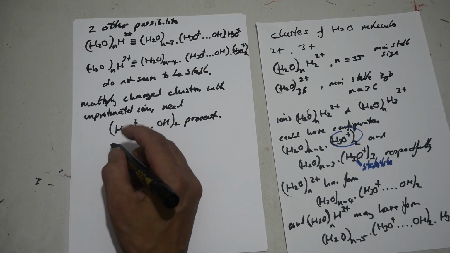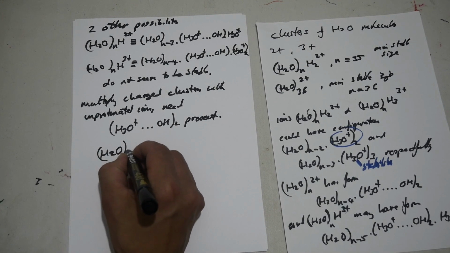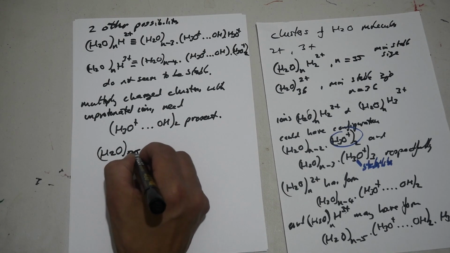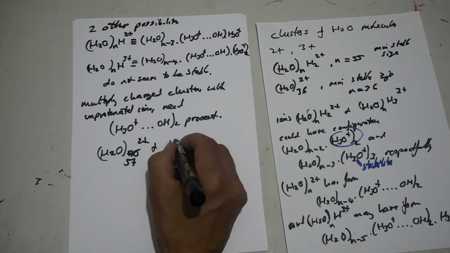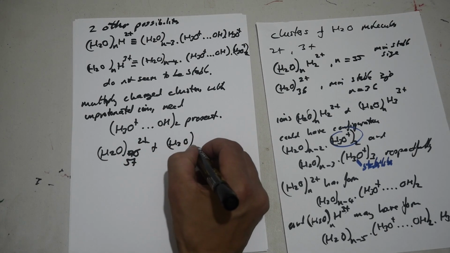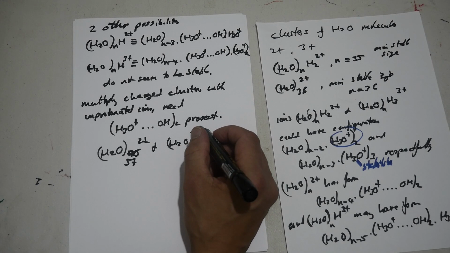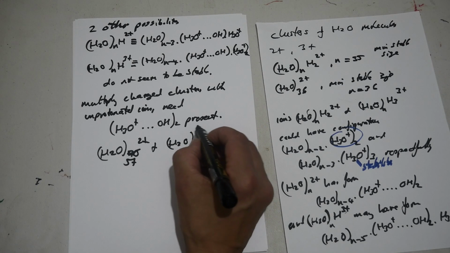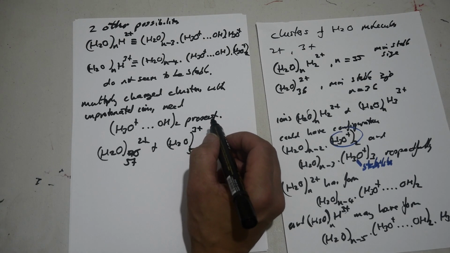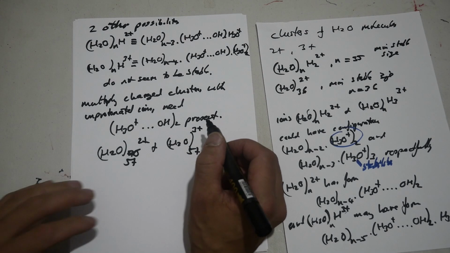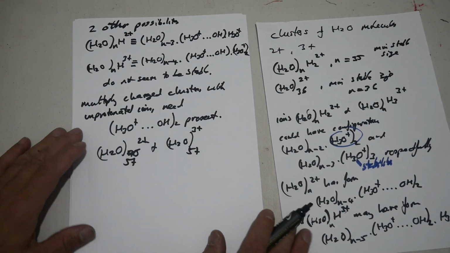And then he also mentions doing work on H2O 57, sorry, 57 and 3 plus. And he also talked about quadruply charged, but I don't think he's done much on that.